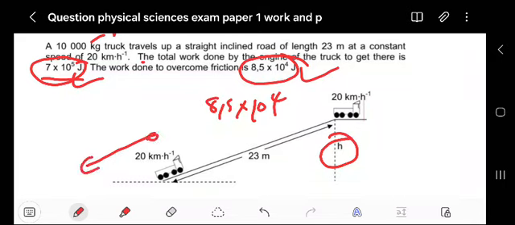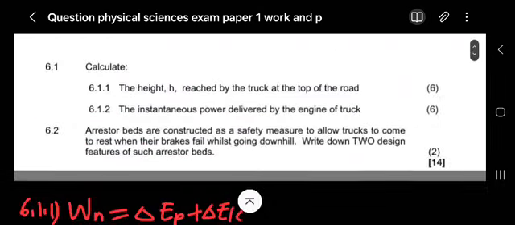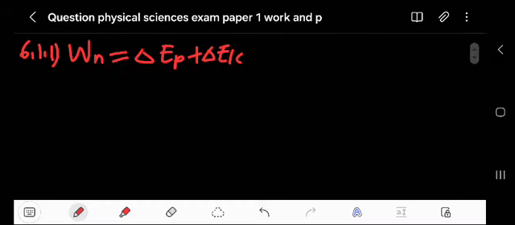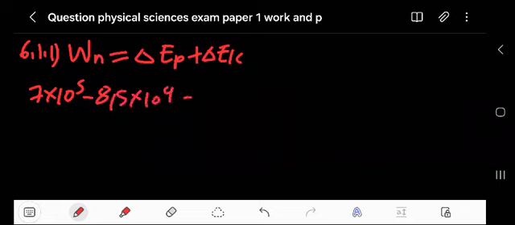The force of the engine acts there, and here we'll have friction, so we'll subtract the two. The work of the engine is 7 times 10 to the power of 5 minus 8.5 times 10 to the power 4.